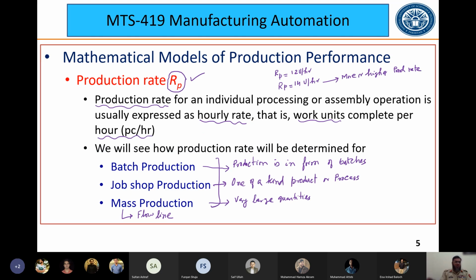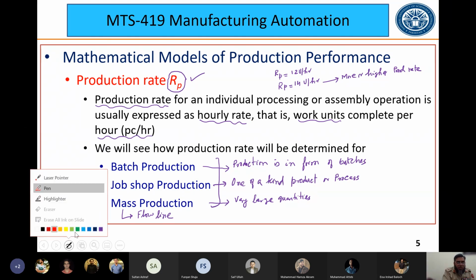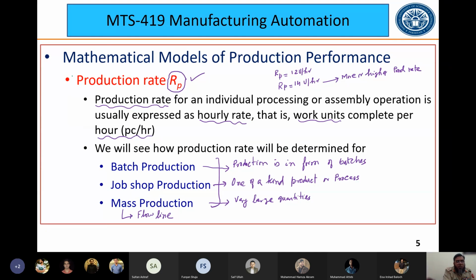So the first thing which gives us the production performance is called the production rate. So we are going to talk about the production rate, which is defined by Rp. All right, now let's see how it can be defined.